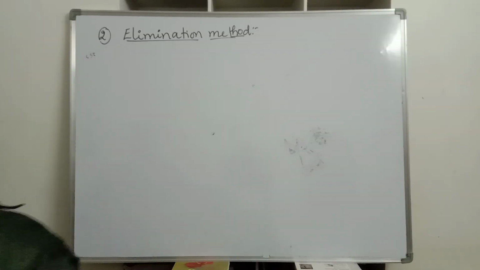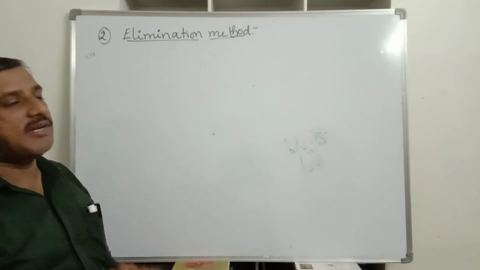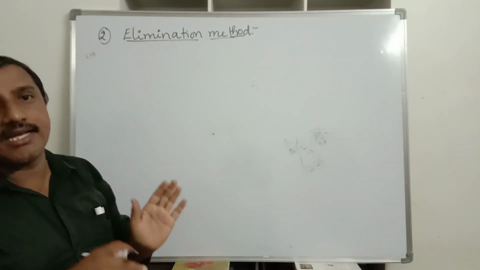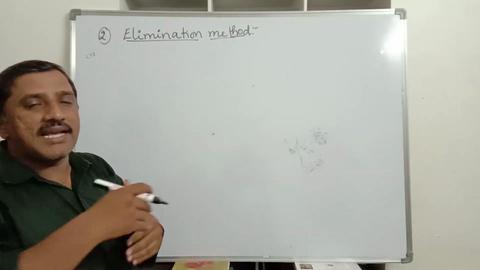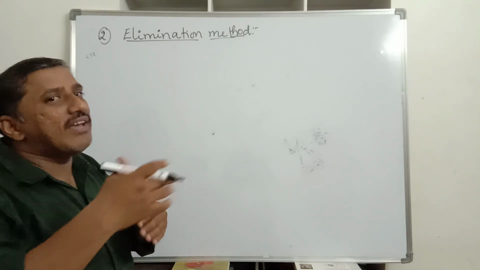Now we will discuss the second method, that is the elimination method. The second algebraic method is the elimination method. The word elimination means removing or eliminating one variable from the given two variables of the given linear equations. How do we remove it?